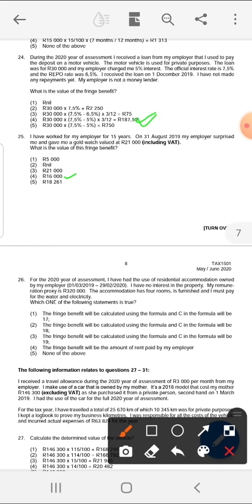And then 19 will be used when the house is at least 4 rooms, it is furnished, and there is water and electricity. So since in this case the accommodation is at least 4 rooms, it is furnished, and there is water and electricity, our correct answer there will be option 3.